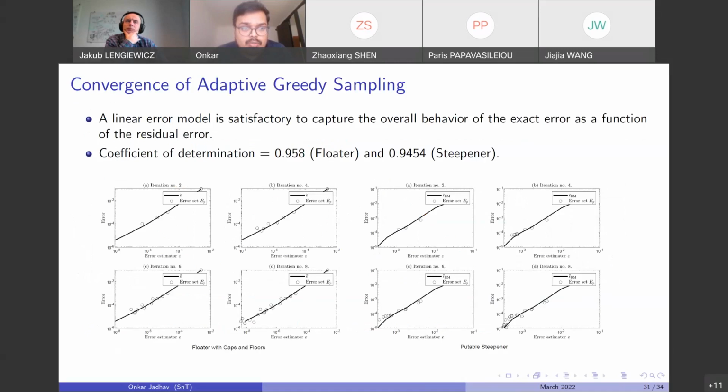Also, I have used an approximate relative error model in order to monitor the convergence of my adaptive greedy sampling approach, and in my work I have considered a linear model assumption. With the obtained results, you can see that this linear model assumption is satisfactory for my two problems, floater and putable steepener, as the coefficient of determination is already greater than 0.9.